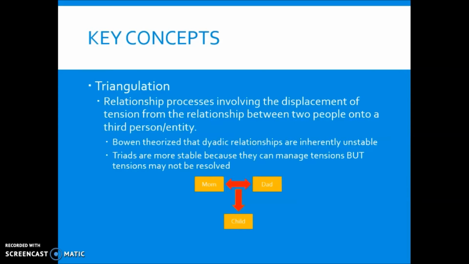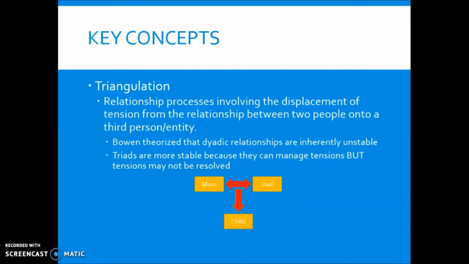Another important concept from Bowen's work is the idea of triangulation. Now, triangulation is the relationship process involving the displacement of tension from the relationship between two people onto a third person or entity.